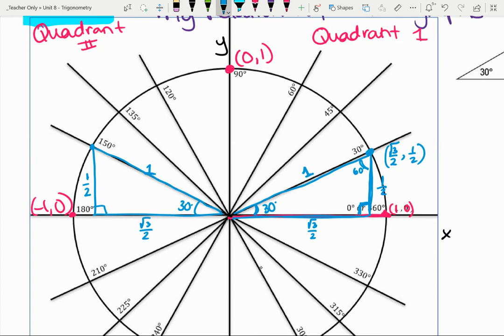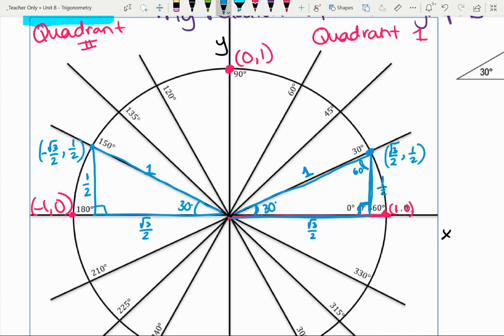And so if I put this in the negative direction, well, my x distance is negative square root 3 over 2, and my y distance is a positive 1/2. So the challenge here would be to continue to label these coordinate points based on that particular reference angle.